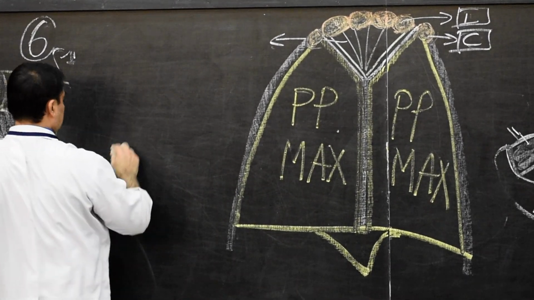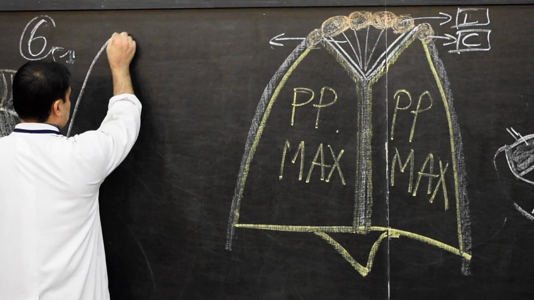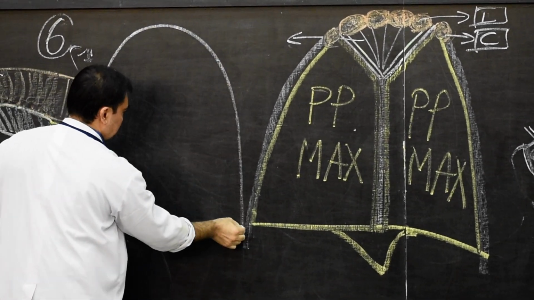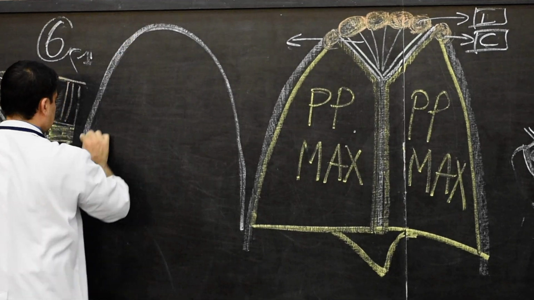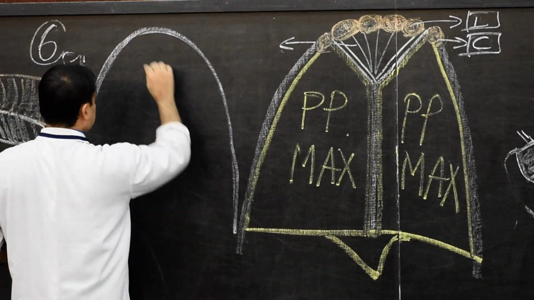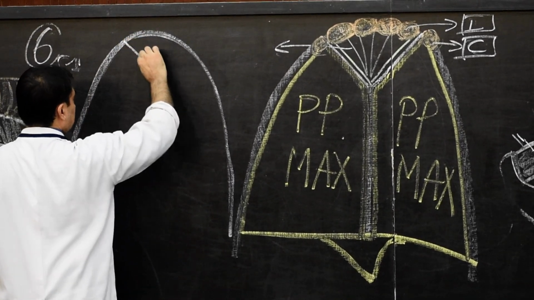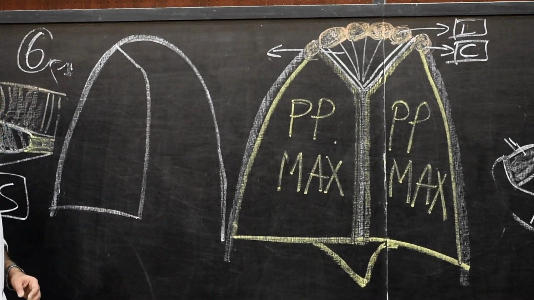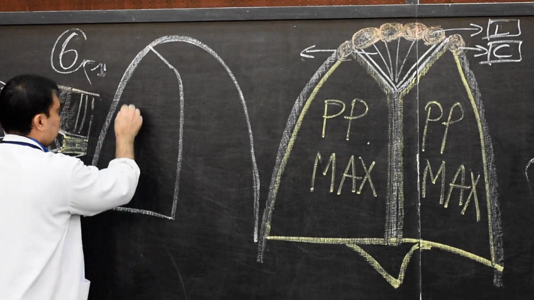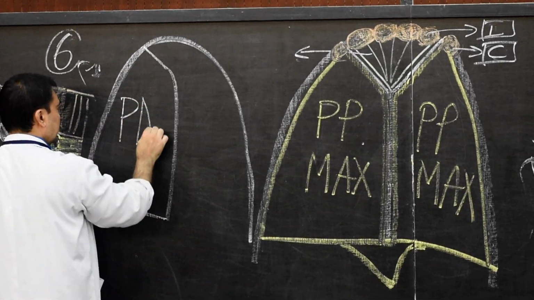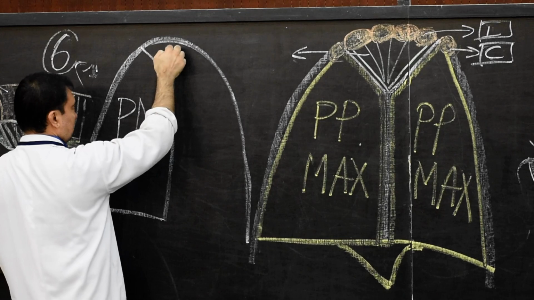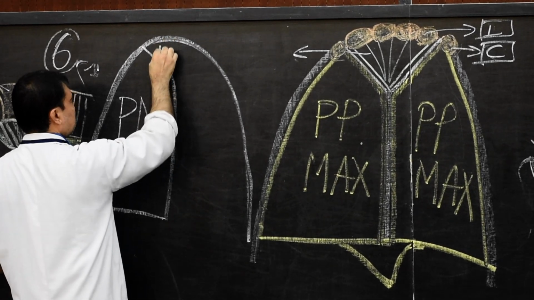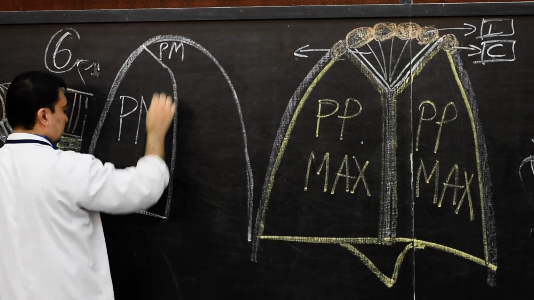So here in this hard palate, sometimes we show that in unilateral there will be fusion of only one side palatine process of maxilla along with the one side premaxilla.